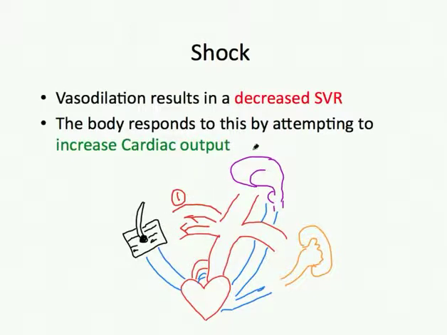So our body has a response to this, and its primary response to try to overcome this is to ramp up our cardiac output. And by ramping up cardiac output, we get more blood flow throughout the entire system. A lot of that blood flow is still going to be going incorrectly out to the periphery due to that vasodilation, but that at least helps make sure that more blood is flowing through the system to get to our vital organs.